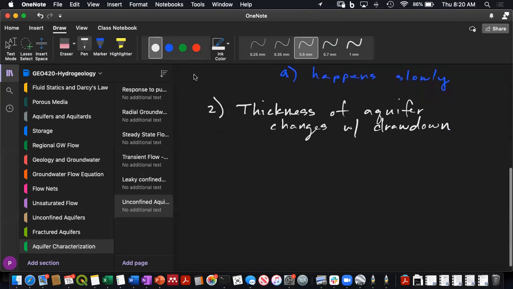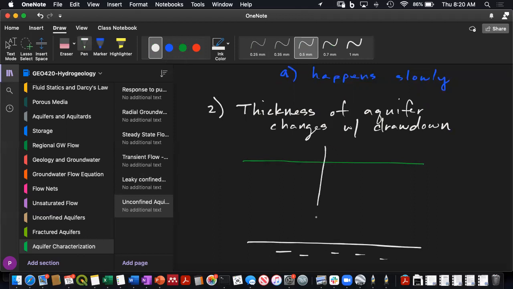If we've got an unconfined aquifer, here's the land surface. Here's our bounding unit at the base. And we've got a pump in a well here. And here's our initial water table height.